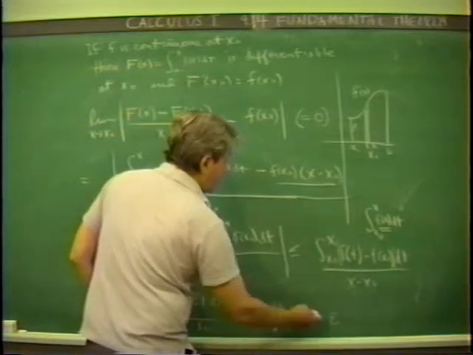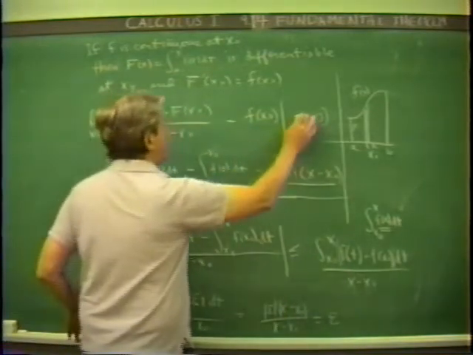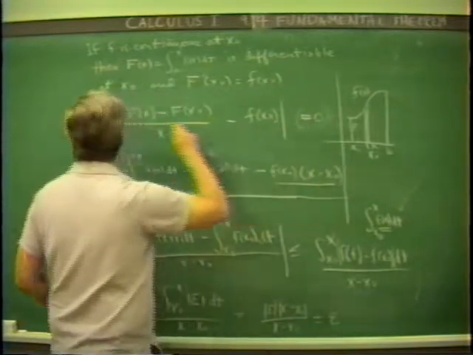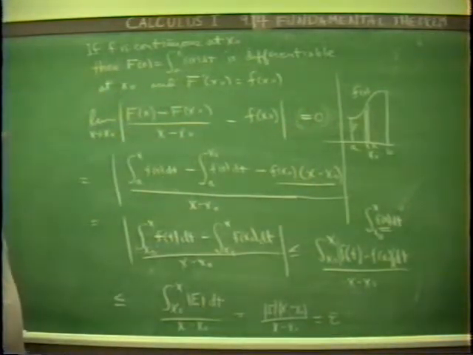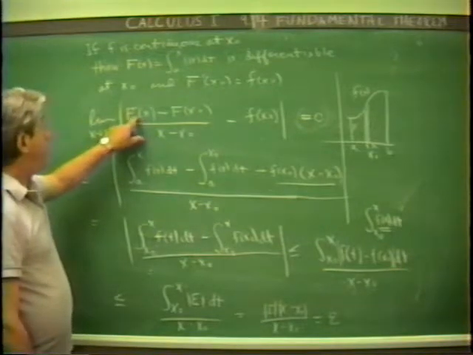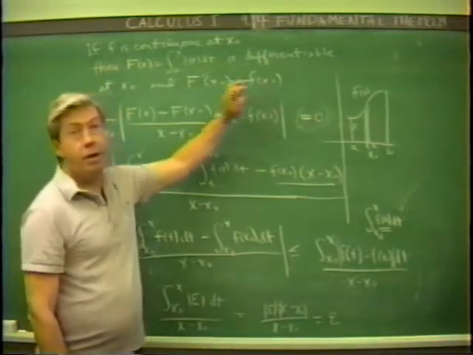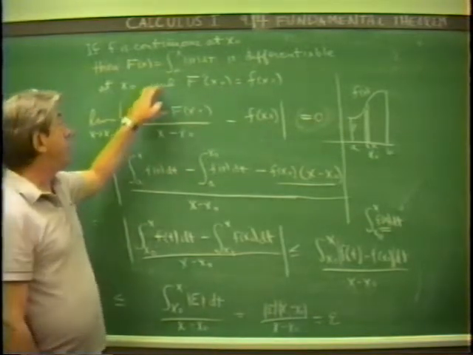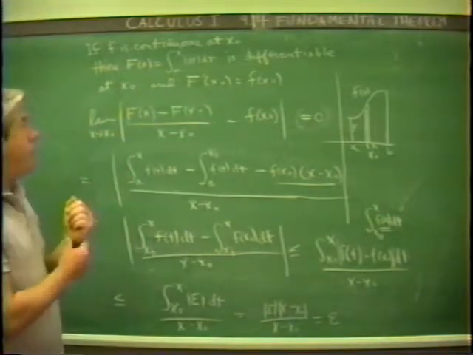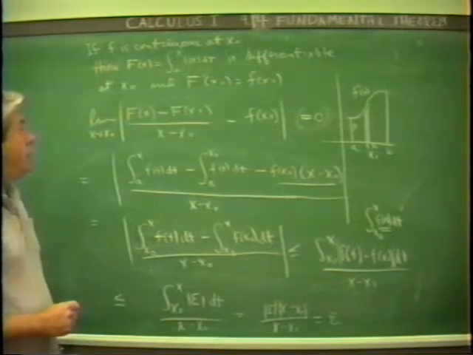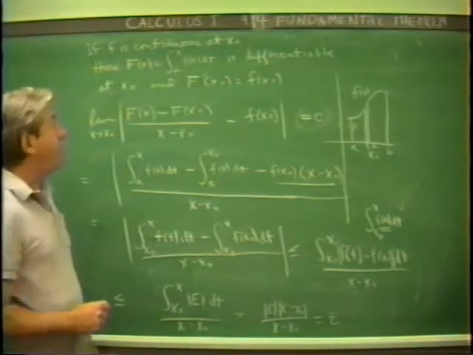You can find a delta so that by the continuity this is less than epsilon, and so consequently when x is close to x naught, this limit here is equal to 0, and the derivative of capital F is little f at any point x naught where little f is continuous.